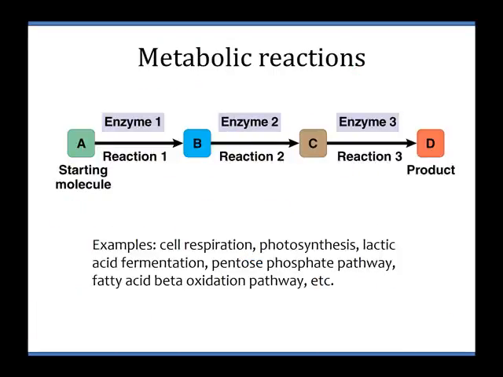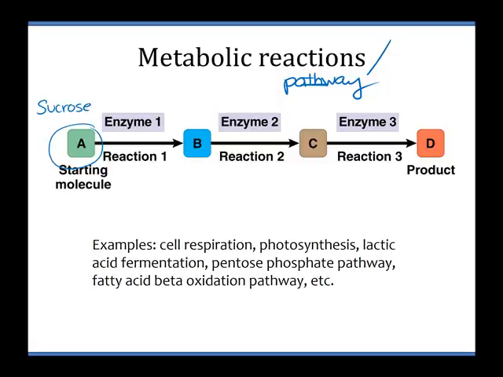Okay, so what we just saw on the previous slide was a very messy, not great example of a metabolic reaction. A metabolic reaction or a metabolic pathway, you can use reaction and pathway interchangeably, is what we saw on the previous slide with the breakdown of sucrose. It's also represented here a little more simply. Right, we start with A. On the previous slide, that was sucrose.